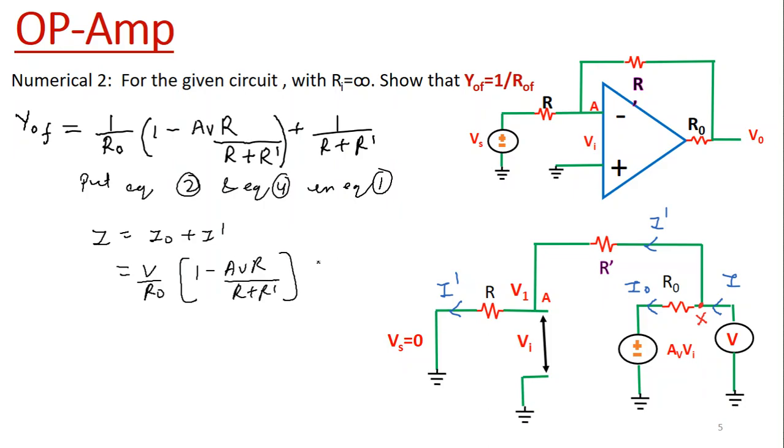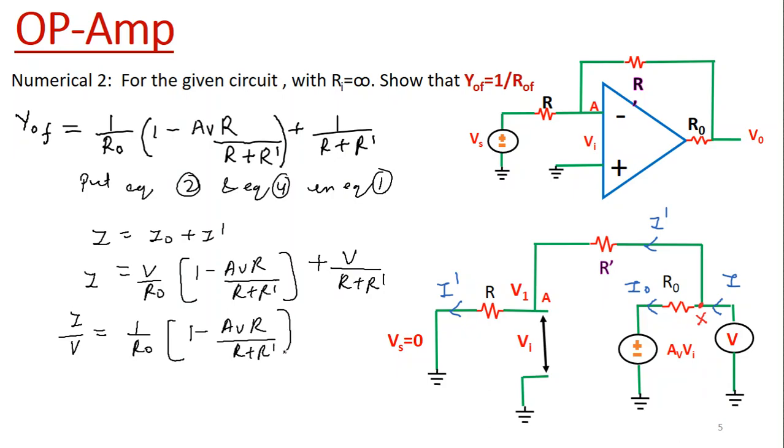This was the equation for IO, plus I dash is V upon R plus R dash. So this is the I equation. Now we take V common from the whole equation. So we get I upon V is equal to 1 upon RO into 1 minus AV R divided by R plus R dash, plus 1 upon R plus R dash. This is the final equation which we have to find.